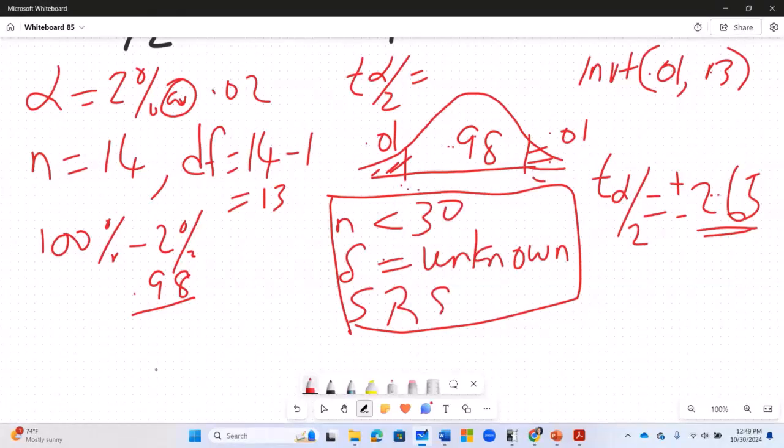The value of T here is positive 2.65. Okay, because it can be two-tailed also. So when T is two-tailed, you go back and divide alpha by 2. But notice that T uses degree of freedom. Z does not use degree of freedom. Normal curve does not use degree of freedom.